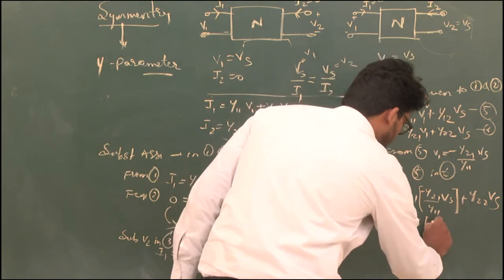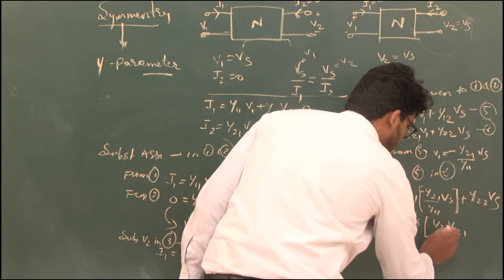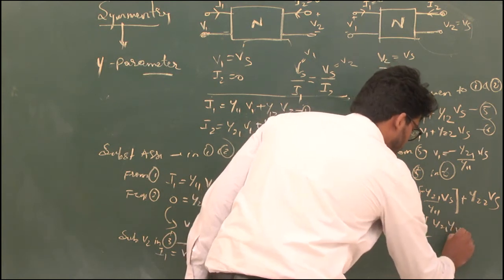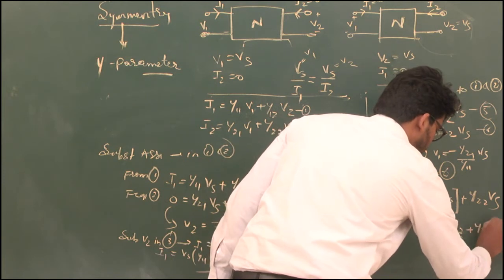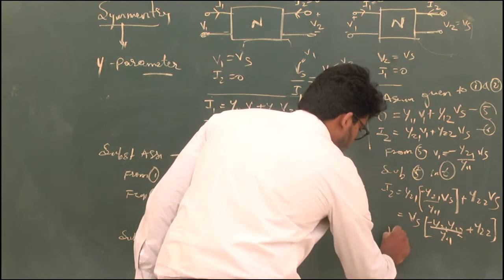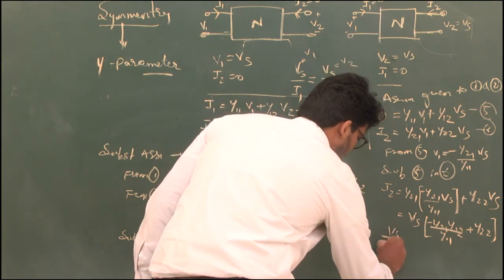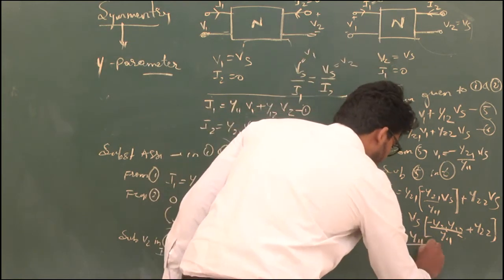So Vs equal to Y21 Y12 minus Y11 Y22. So further transformation, you will get this as Vs by I2 equal to Y11 by Y delta.